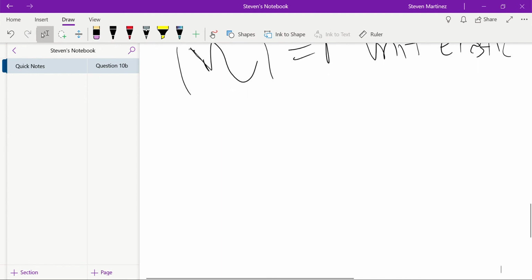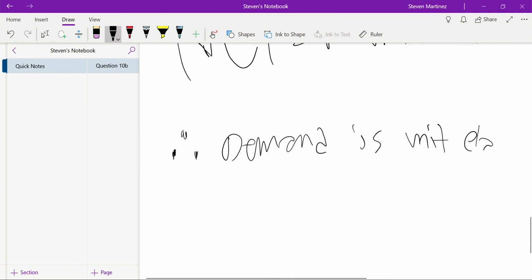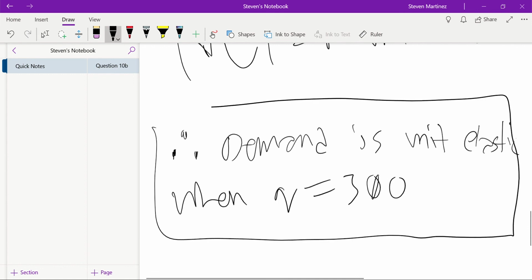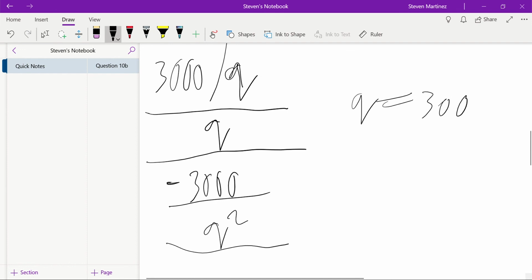So therefore, demand is unit elastic when Q equals 300. So here is our answer, and here you can see this is our equation right here.